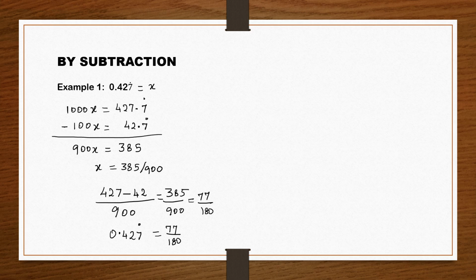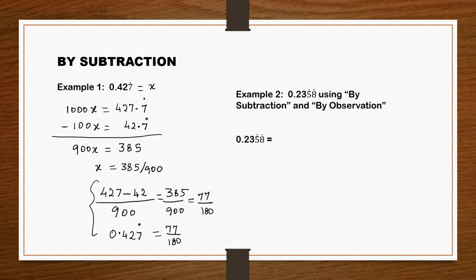Now we try one more example using this method without doing the actual calculation. 0.2358 recurring. Take the non-recurring part and recurring part together, and subtract the non-recurring part, which is the numerator. Two digits are recurring, so we put two 9s, and two digits are non-recurring, so put two zeros.